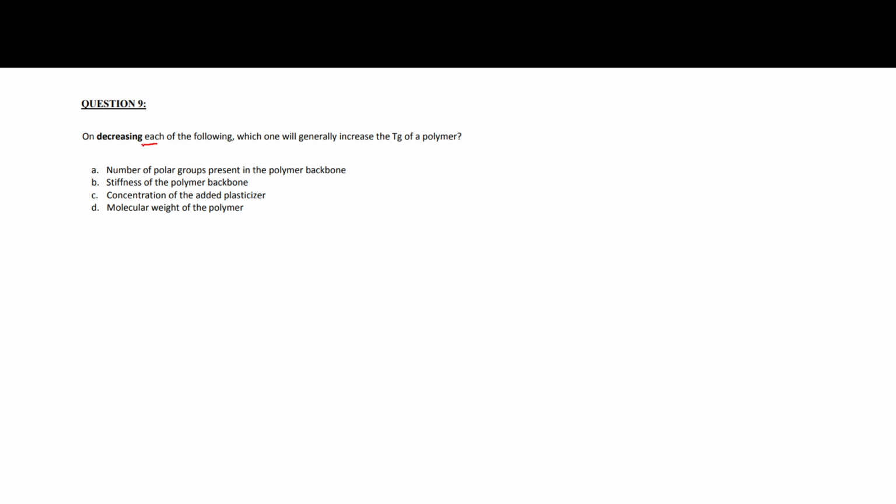Now the next question: on decreasing each of the following, which one will generally increase the Tg of the copolymer? The Tg of a copolymer we can also increase or decrease by choosing some additives for that polymer.